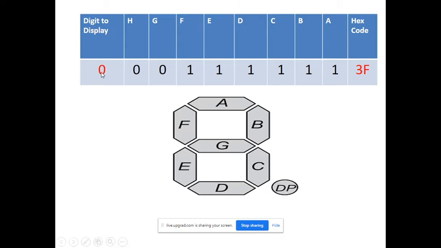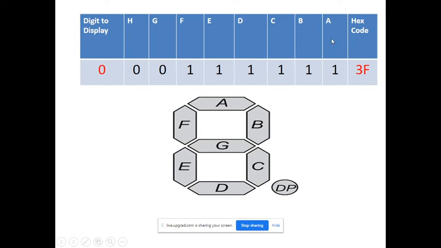Now I want to display 0. When I want to display 0 on this 7 segment display, I don't want G and H, means these two must be off, that is 0 because it is common cathode, and all others we want on, means we provide 1, means the controller will provide 1.